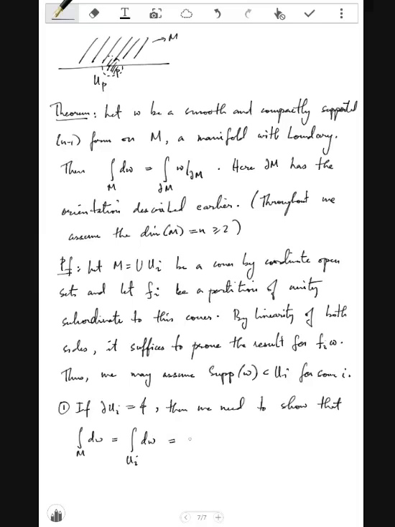And since Ui is an open subset of Rn, by the definition, this integral on Rn d omega is 0, because the integral over boundary of Ui, omega restricted to boundary of Ui, is 0. So this is what we will show on Rn.